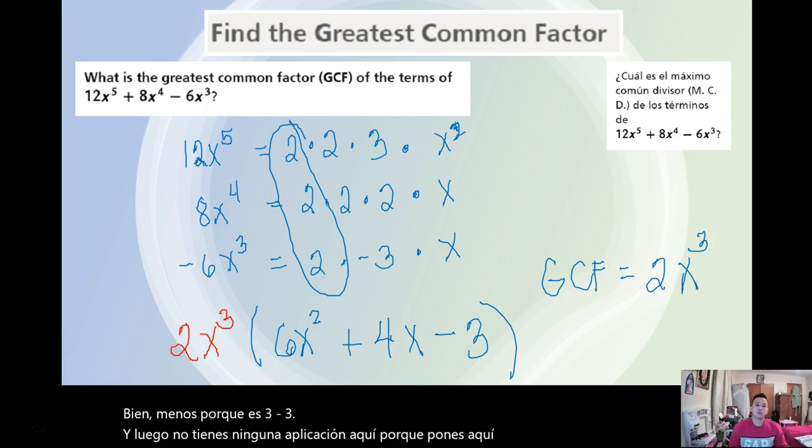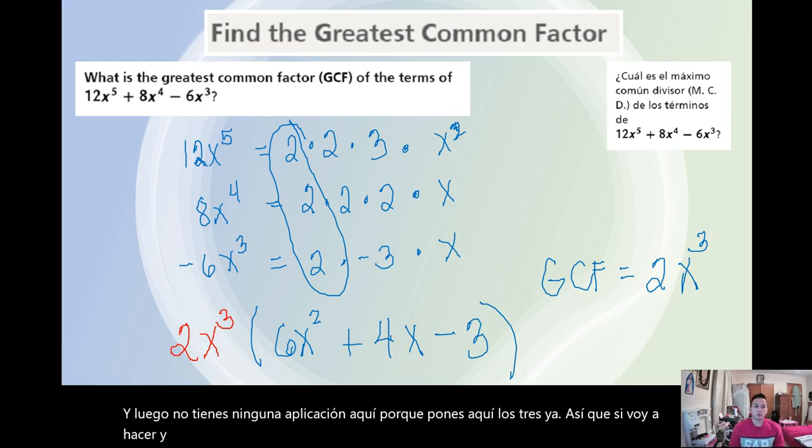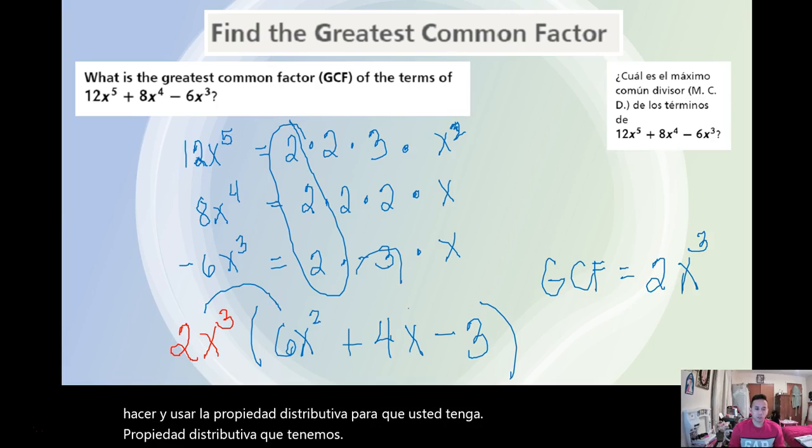So if I'm going to use the distributive property, we have 2 times 6 would be 12, x cubed times x squared will give you x raised to 5.